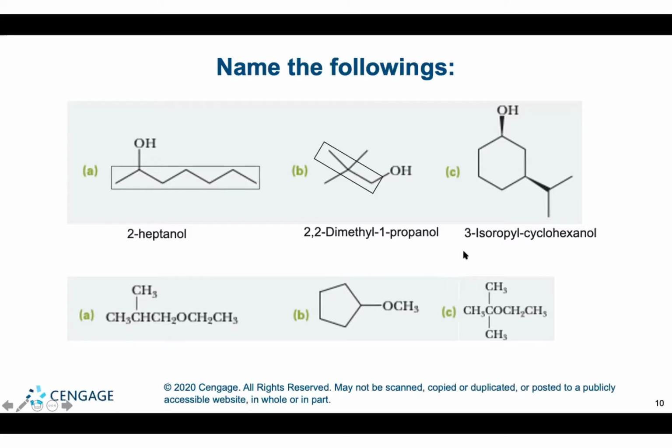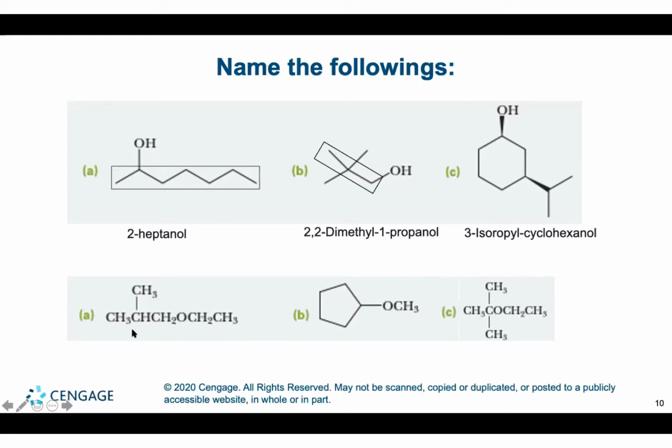What about the 3 compounds in the bottom? These are ethers, right? Why are these ethers, guys? Because I have oxygen, there is a carbon on the left side of it, and there's a carbon on the right side of it.